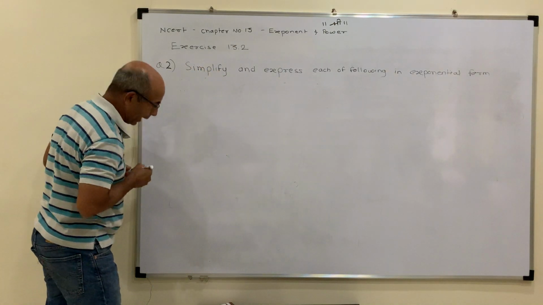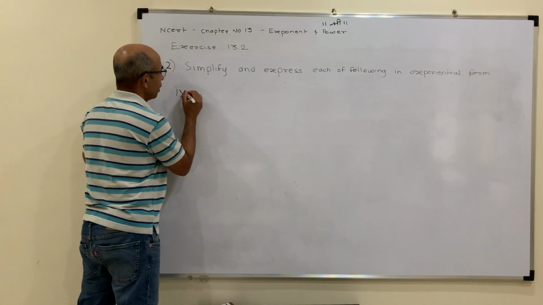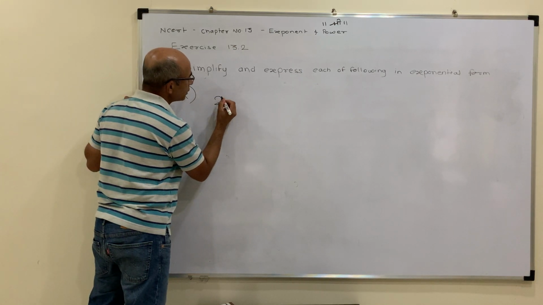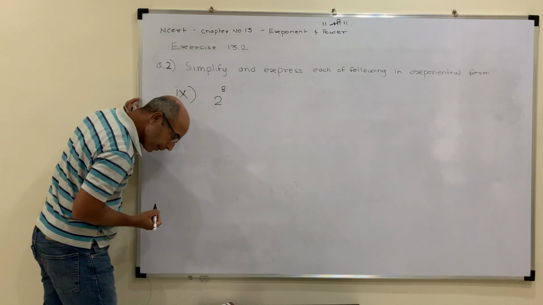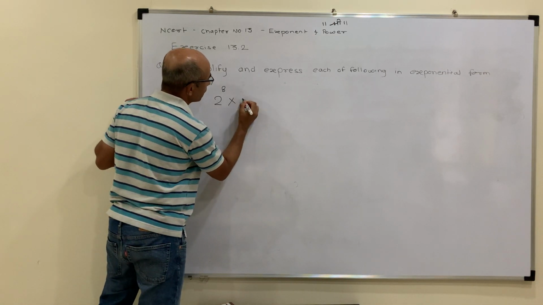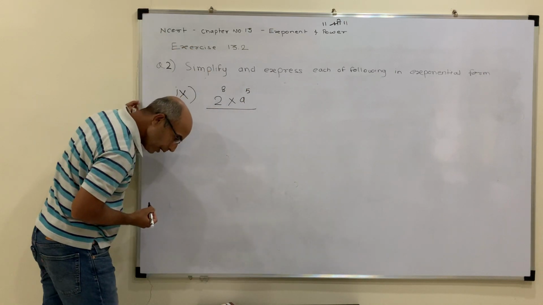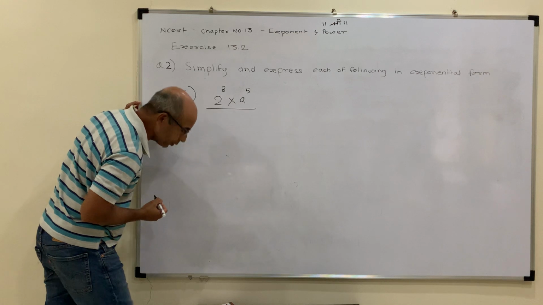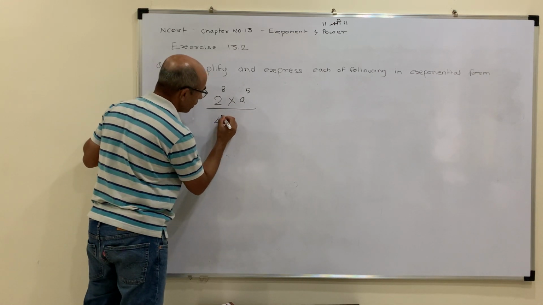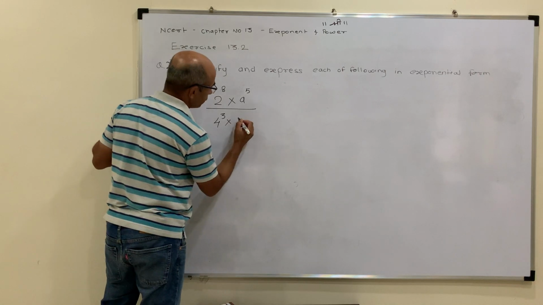2 raised to 8, ninth one. 2 raised to 8 into a raised to 5 divided by 4 raised to 3 into a raised to 3.